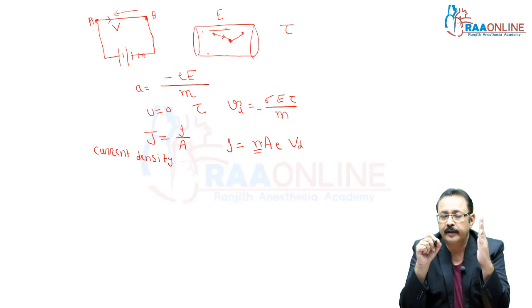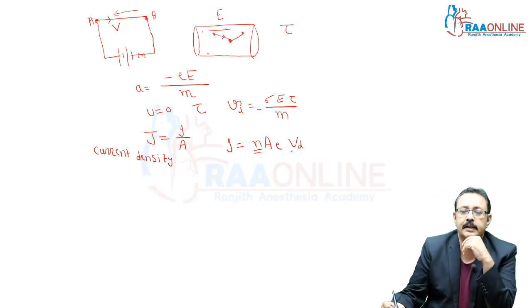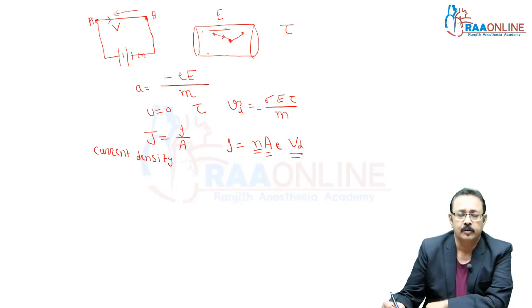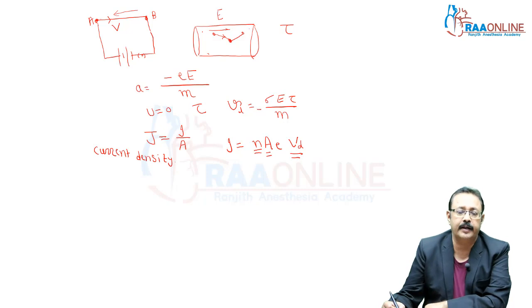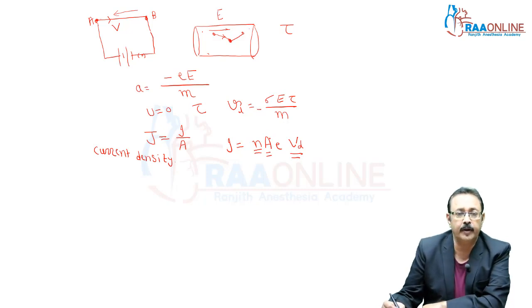We know that in 1 second an electron will travel a distance equal to its velocity, and area of cross section into velocity is a volume. So the volume in which electrons enter in 1 second is this. If per unit volume there are n electrons, the number of electrons in this volume should be this multiplied by n.